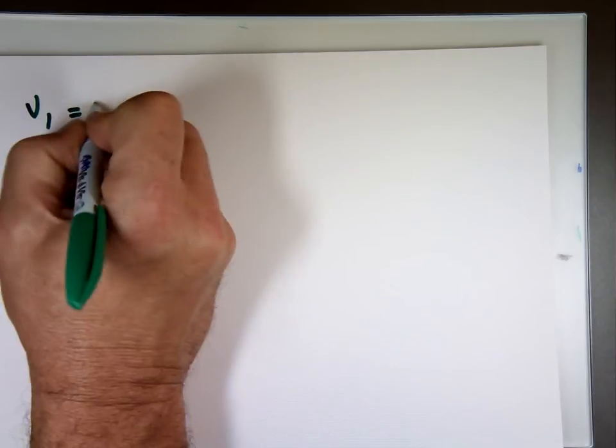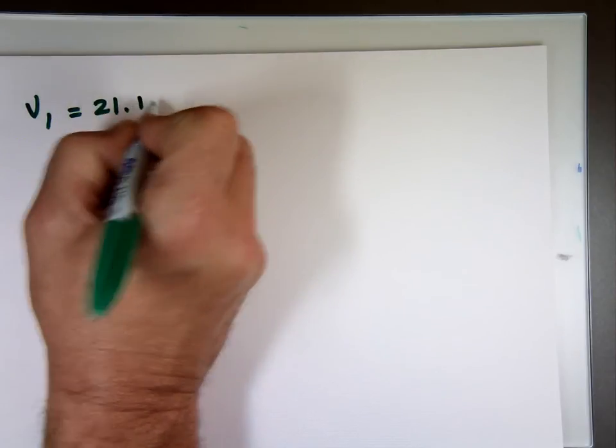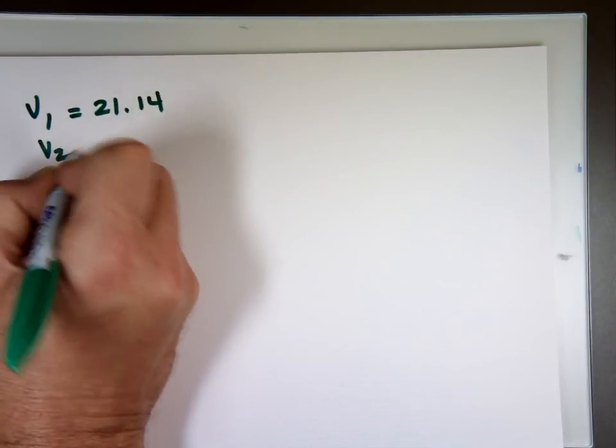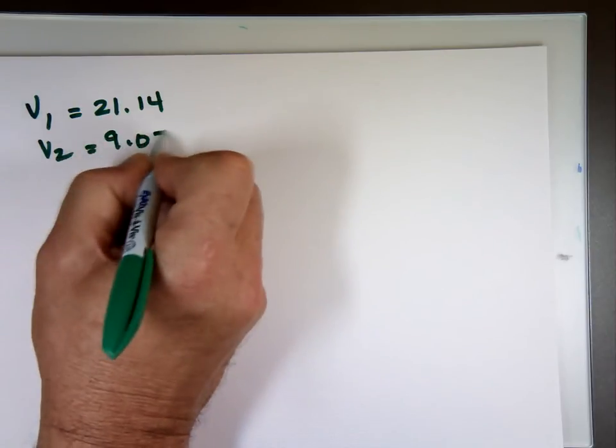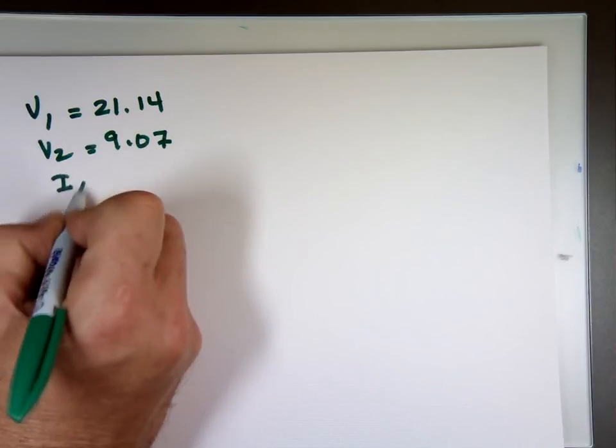I got V1 to be 21.14, V2 to be 9.07, I sub x equals 1.09.